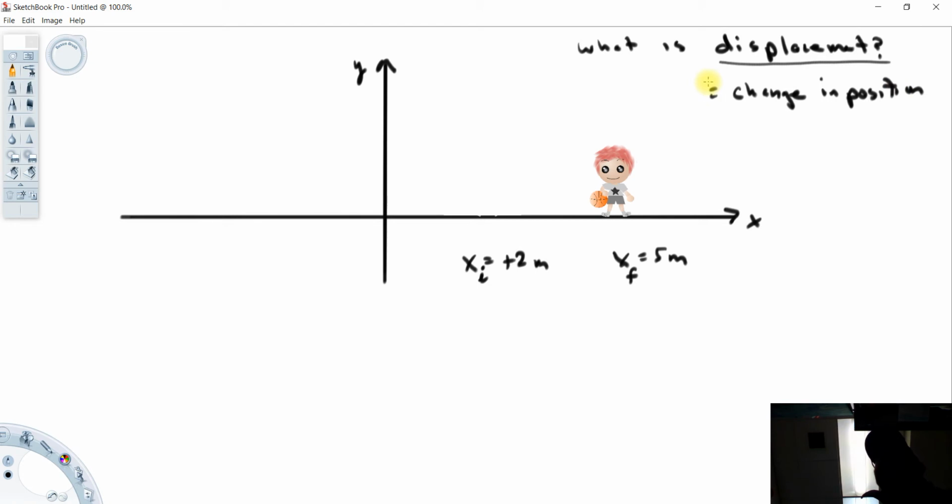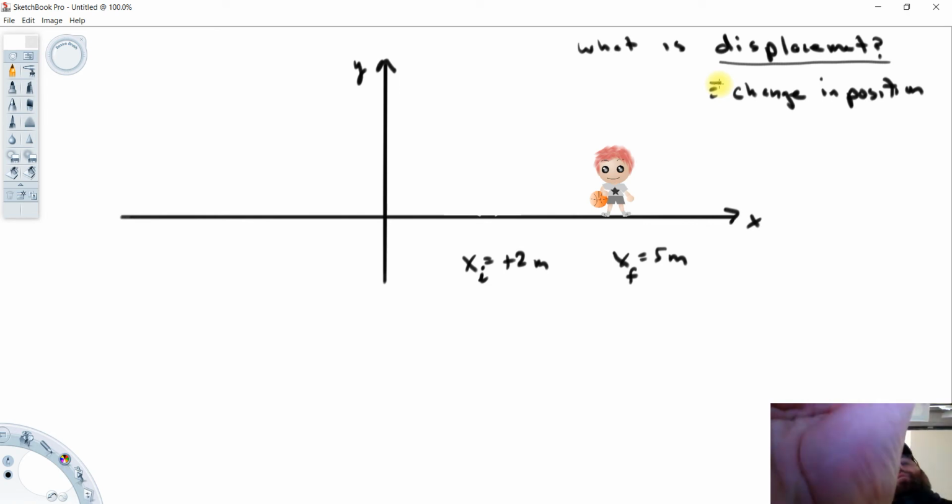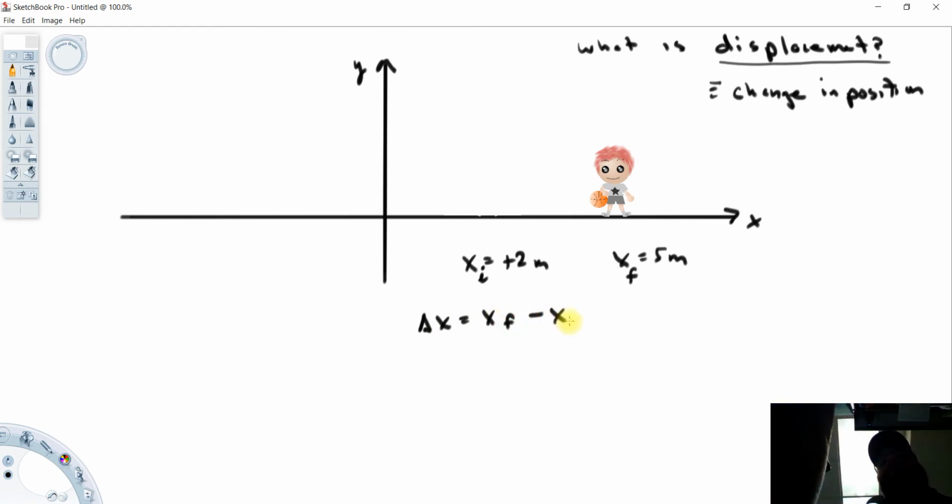Actually, I'm going to go back and put 3 bars. It's defined as your change in position. And in this example here, what that would be is a delta x, a change in x. And whenever you calculate a change, you always do final minus initial for any quantities. So in this example, that's going to be 5 meters minus 2 meters, which is 3 meters.